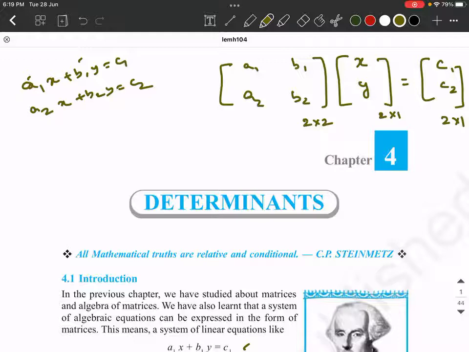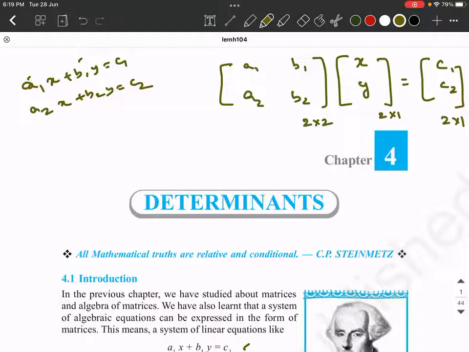So this is the reason. This is the first observation. We have not yet gone into determinants. They understood the fact that by the invention of matrix multiplication, linear equations in 2 variables or 3 variables or 4 variables, whatever they are, can always be written in the form of matrix multiplication, so that the first matrix is always the coefficients of the variables.